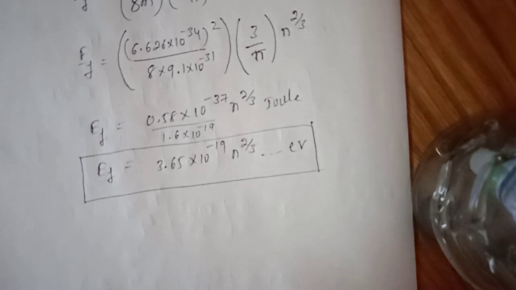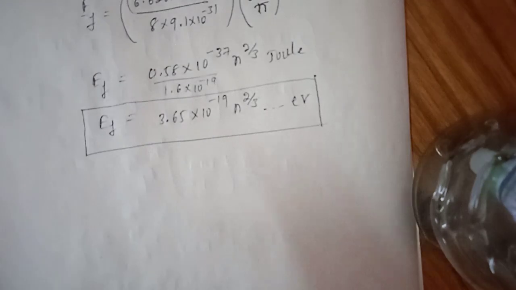For different materials, you will have different Fermi energies. For example, in most cases in the laboratory, we determine the Fermi energy of copper, and we get around 6.7 to 7 electron volt for copper.